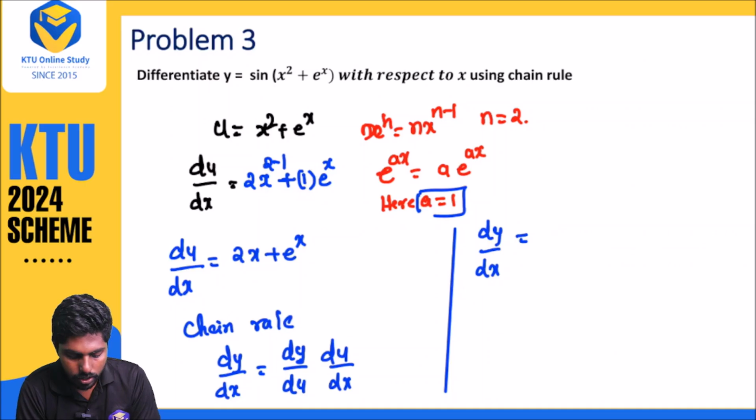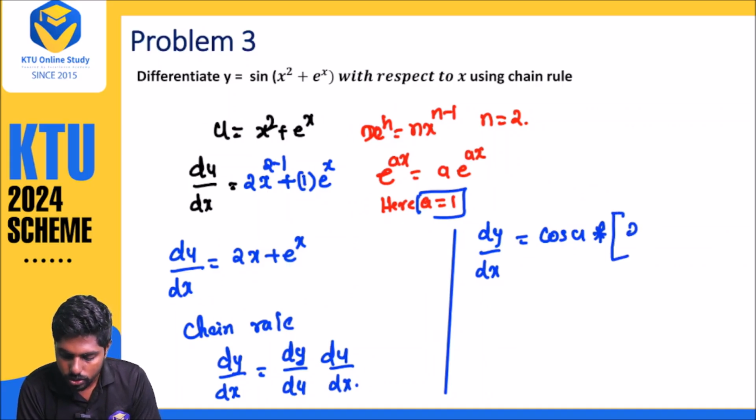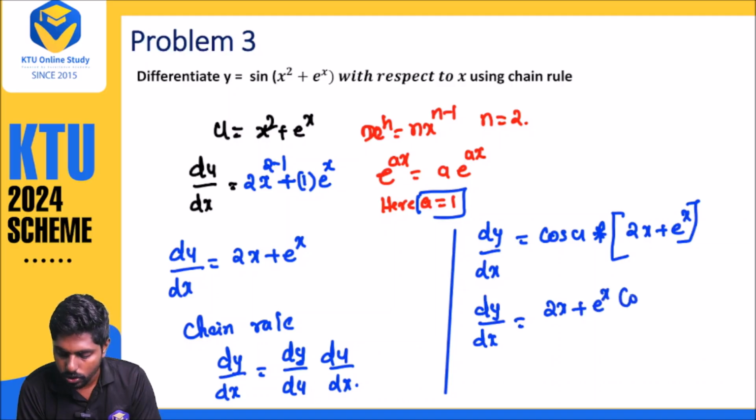That is nothing but cos u. So cos u into du by dx, and we have this value, 2x plus e power x. So you will get dy by dx is equal to 2x plus e power x into cos u.